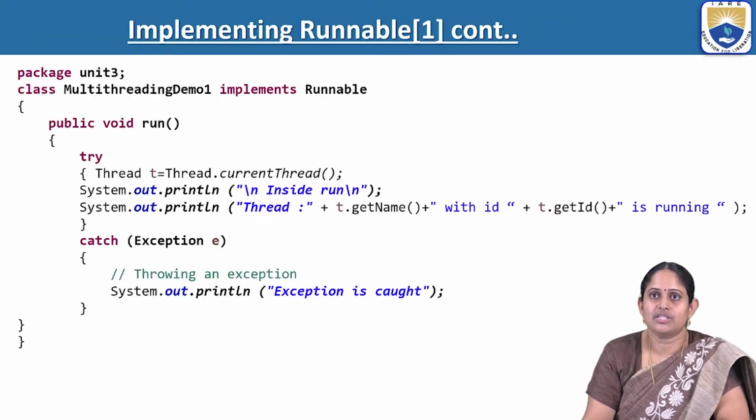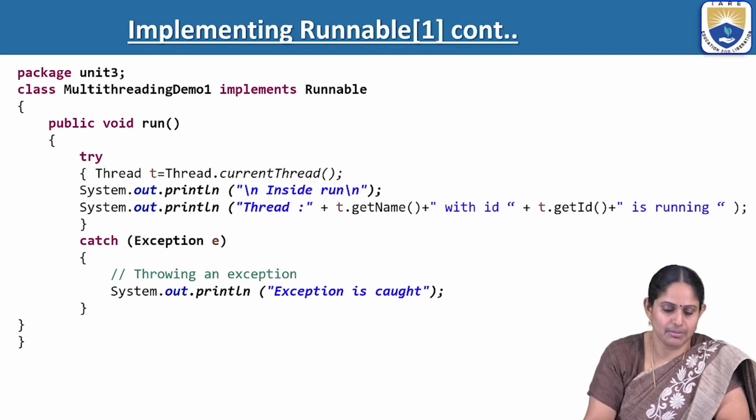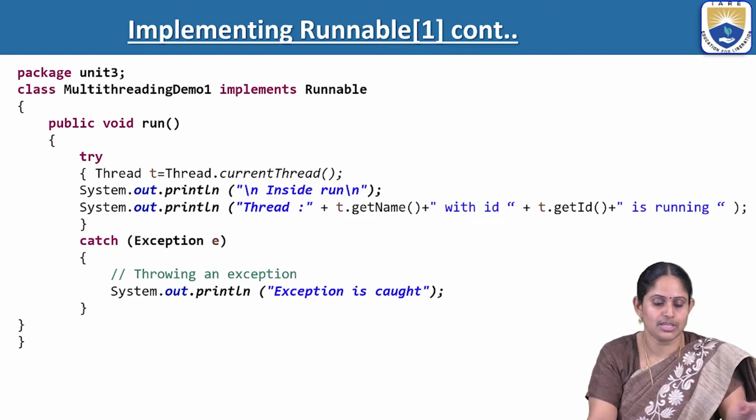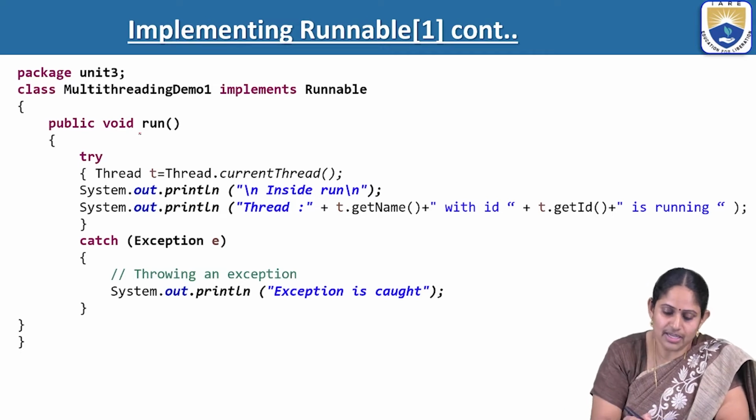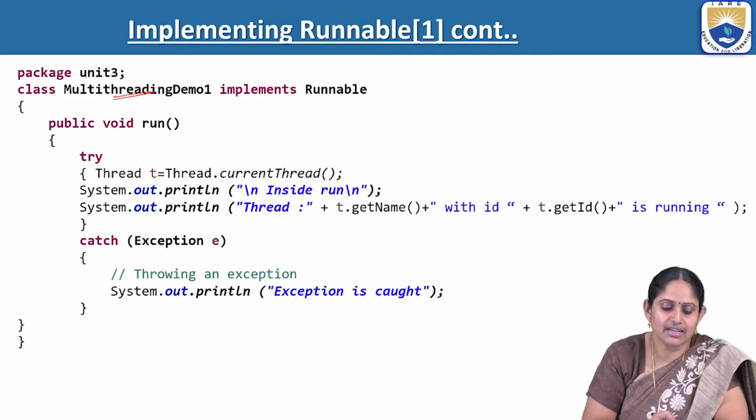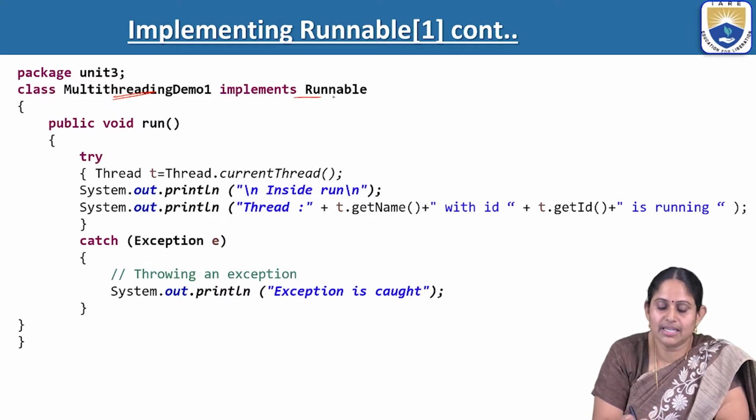Now let's look into a small example for implementing the Runnable interface, to create a thread using a Runnable interface. Here we are creating a class named MultithreadingDemo1, which will implement the Runnable interface.